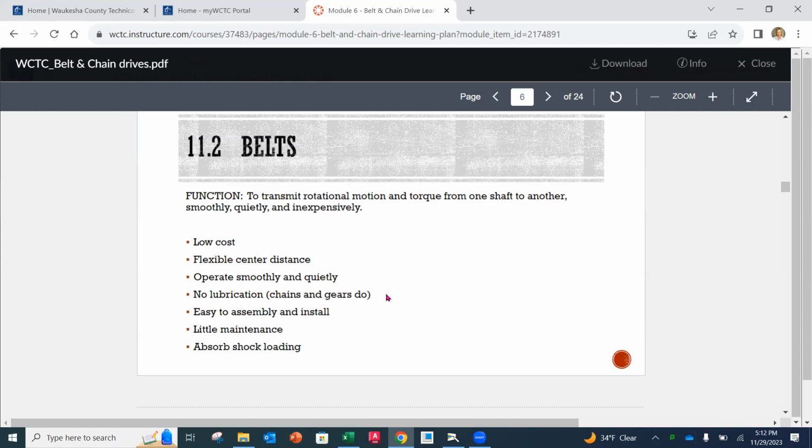Can we list some? 3D printers, absolutely. Yep, there's belts on there. Where else? Serpentine belts on cars. Yep, what else? Motorcycles have belt drives. You can do belt drives on those.